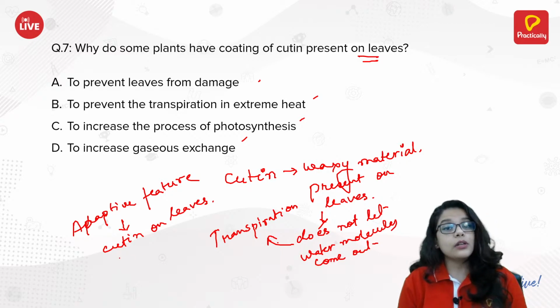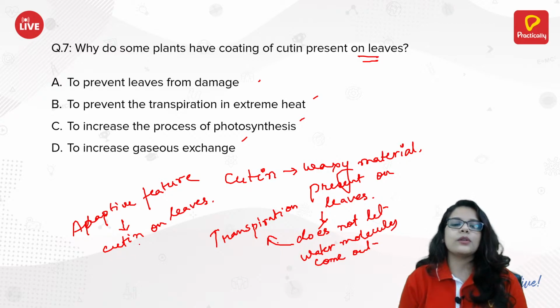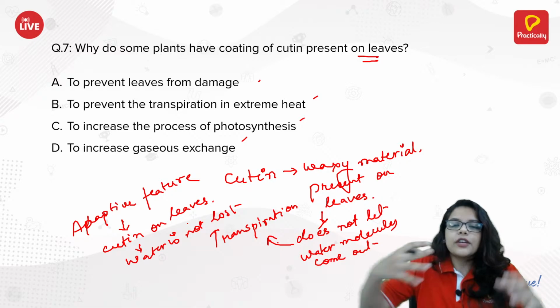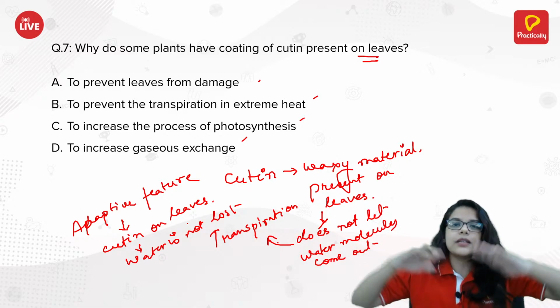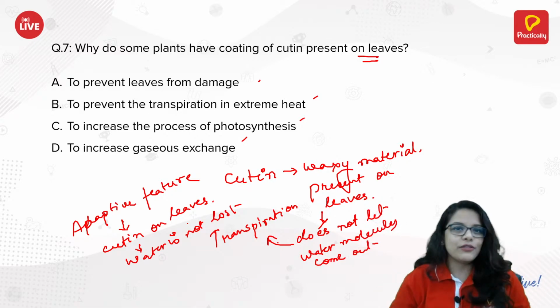So what will the cutin on leaves do? Cutin on leaves will make sure water is not lost, because there is so little water. Whatever water is inside the plant will stay inside the plant and won't be able to leave. So it's not for damage, it's not for photosynthesis, it's not for gaseous exchange.